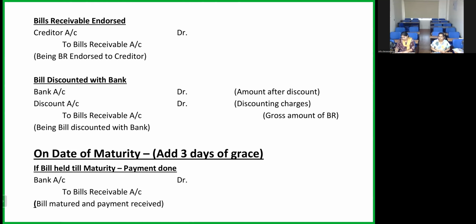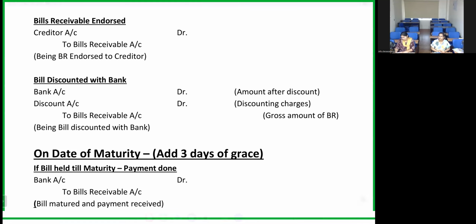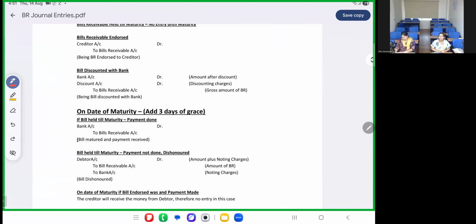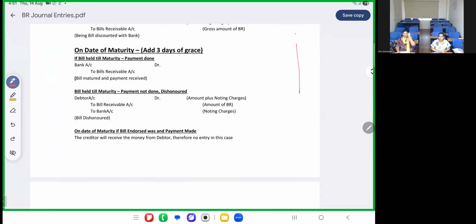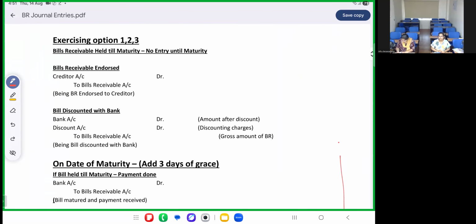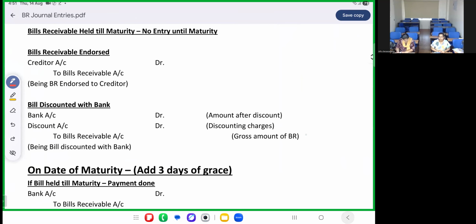Suppose the bills receivable amount is 5,000. What my bank has done, kept the discounting charges 500 rupees and given me 4,500 rupees.